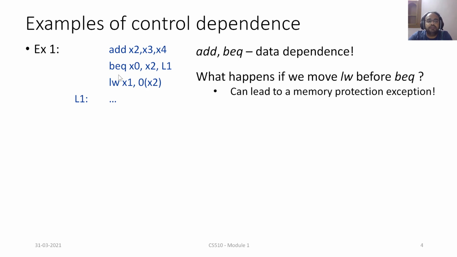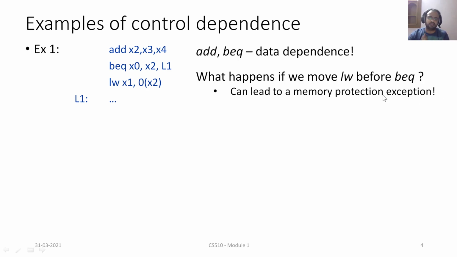So if we try to move LW before BEQ to optimize and reduce the number of stalls, the execution of LW will no longer be dependent on BEQ. That can potentially result in unexpected results, unexpected events which are called exceptions.